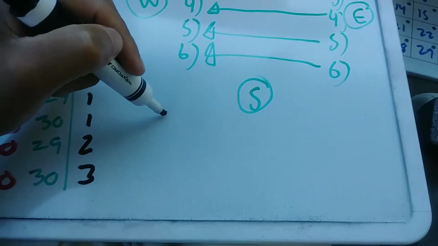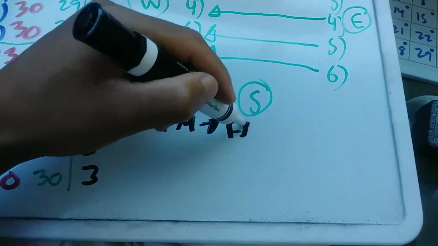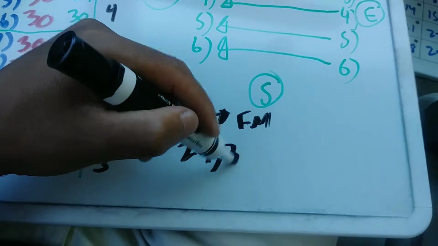So from full moon to full moon, the pattern is 29, 30.